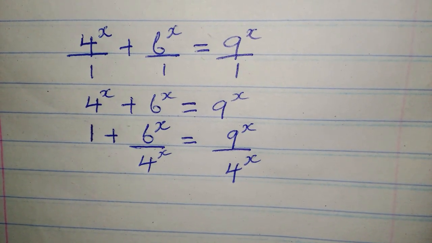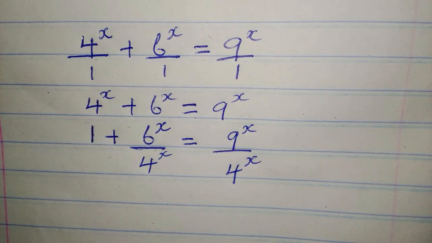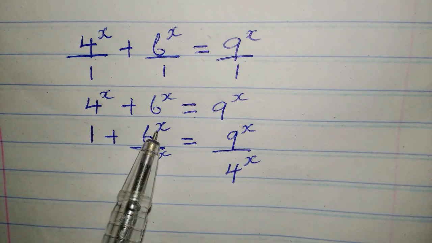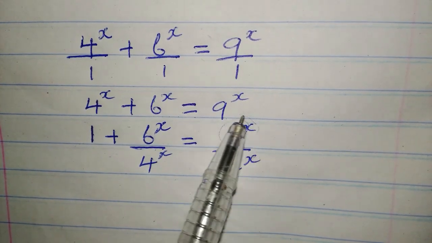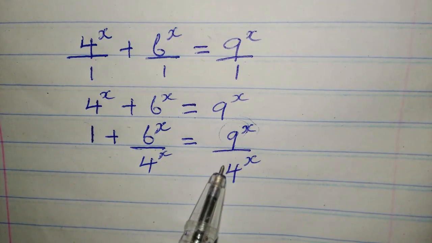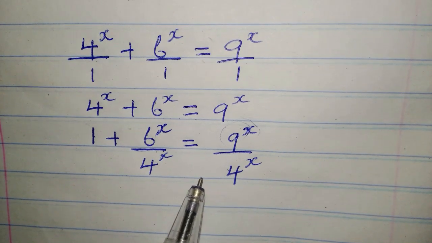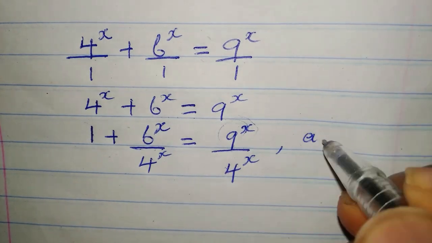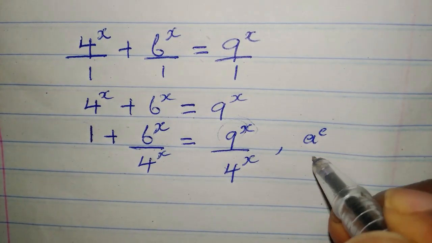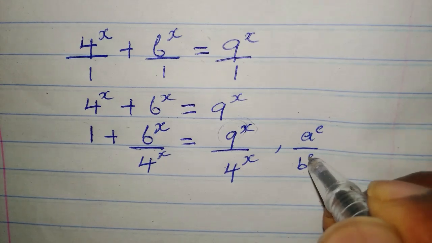Having done this, we can see at this point we're having x at the numerator and x at the denominator. In the power of the numerator we have x, and in the power of the denominator we have x also. So from here we apply the rule which says a^c divided by b^c is also equal to (a over b) to the power of c.